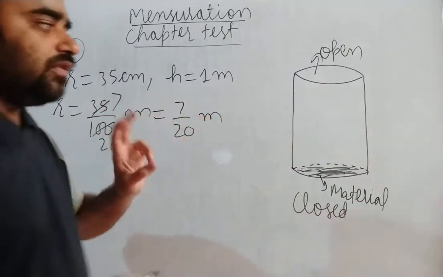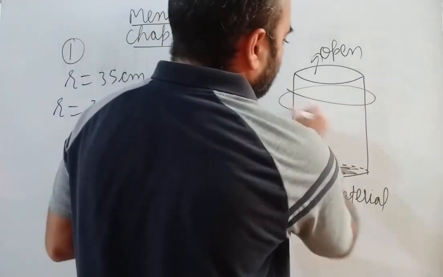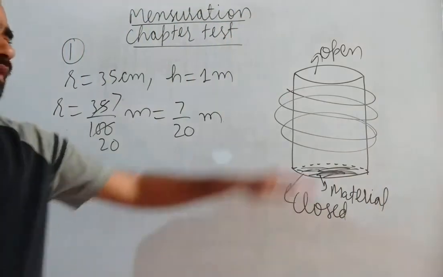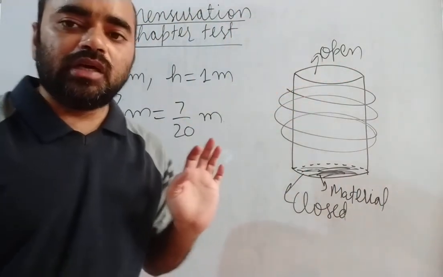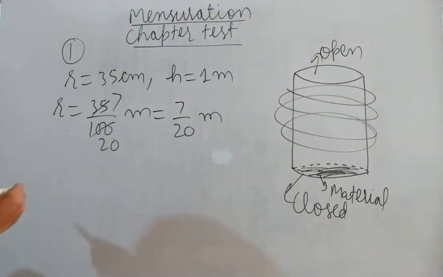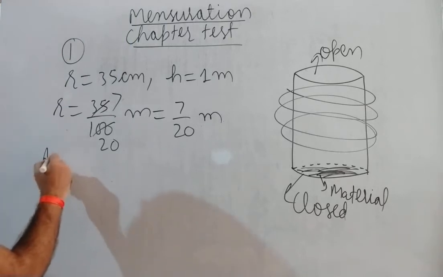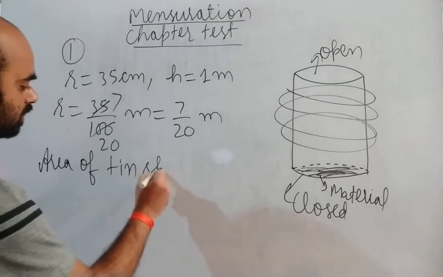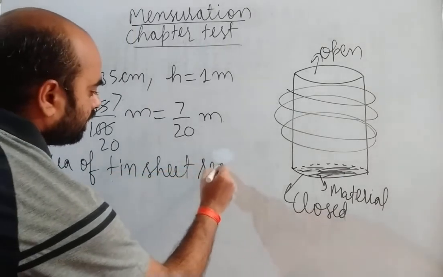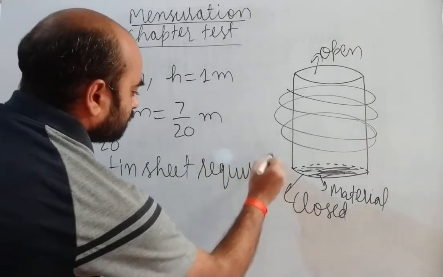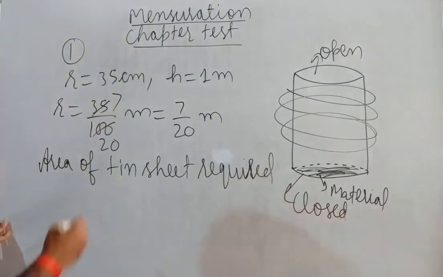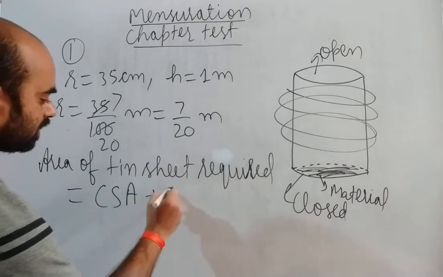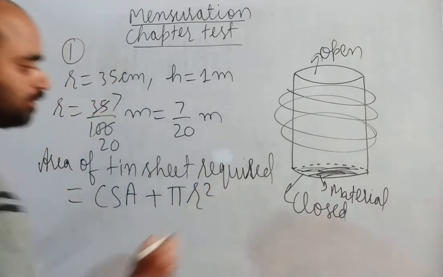Now the container is to be made of tin sheet. So tin sheet will be required in 2 parts: curved surface area and the bottom part. Why? Because the container is open from the top. So what is the area of tin sheet required? Area of tin sheet required is equal to curved surface area plus area of bottom part.